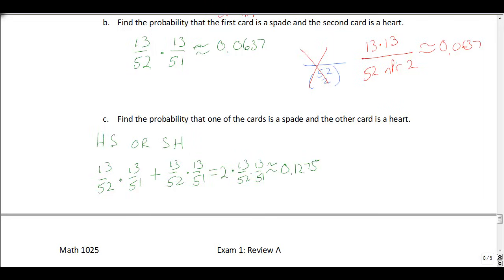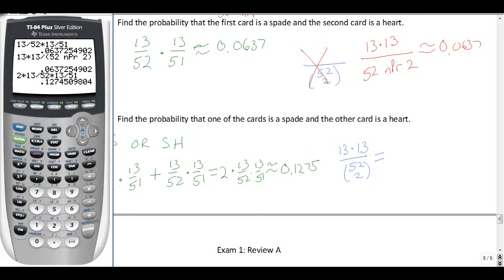Now, because we're not specifying the order these come in, this is more naturally one of these combinations than a permutation. So what I can get in my denominator is 52 choose 2. And then I have 13 possible spades and 13 possible hearts here. I don't have to pay attention to the order. So I go to my calculator.